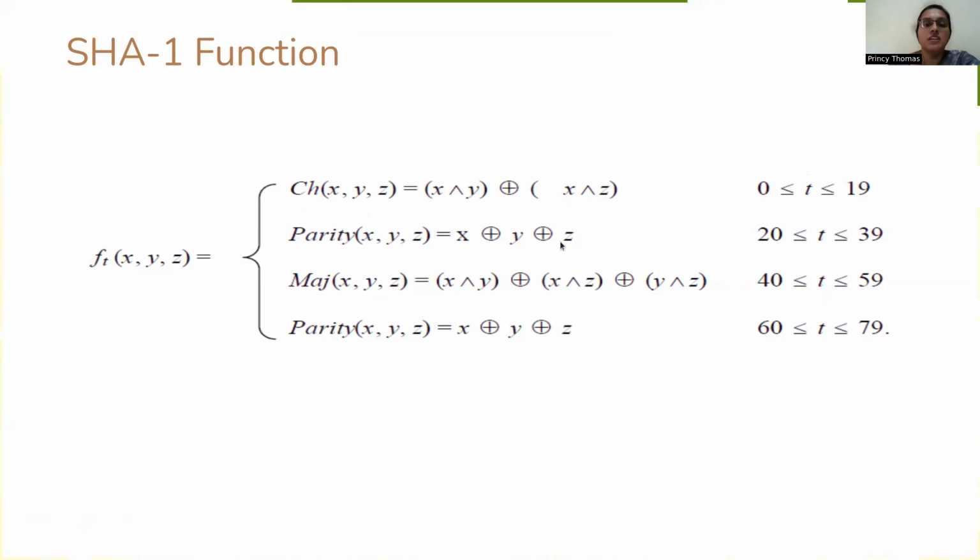It simply XORs the three values. Okay, and if the t value is between 40 to 59, then the majority function is used, and what the function does is x and y, XOR x and z, XOR y and z. Okay, so these are the functions which are used for the SHA-1 function.